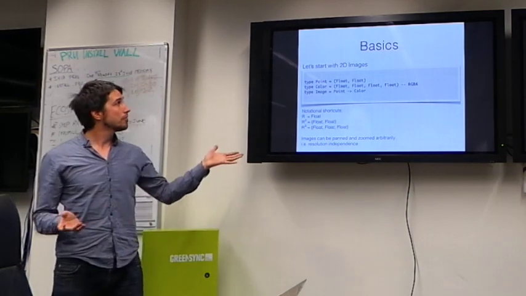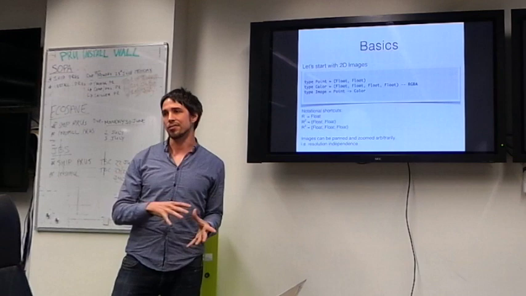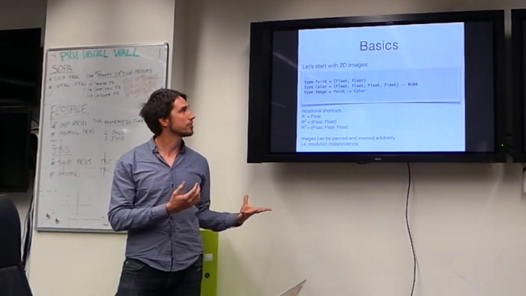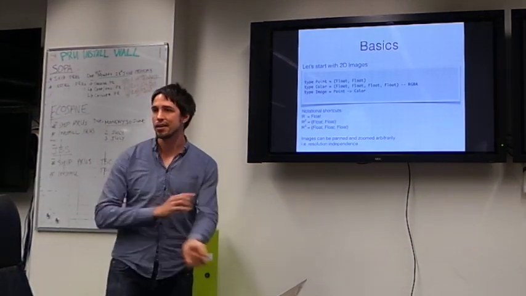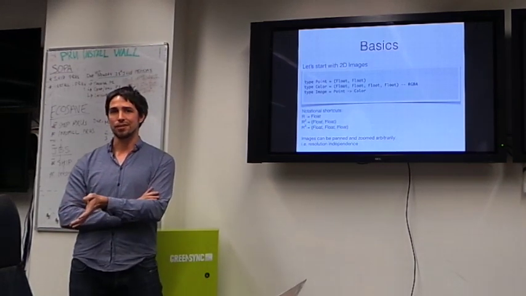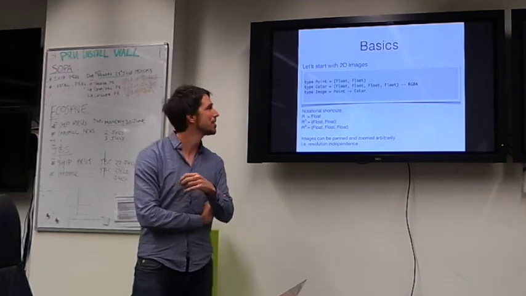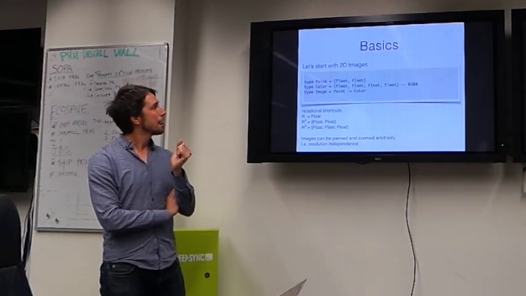But I'll start with the 2D stuff, because I think this is a really good intro into how you might specify images functionally. You might be familiar with this work already, so feel free to fall asleep until the 3D part, if that's the case.